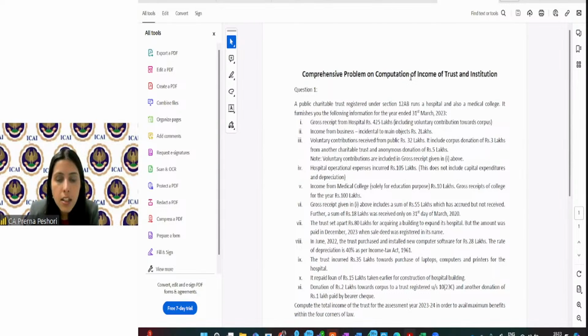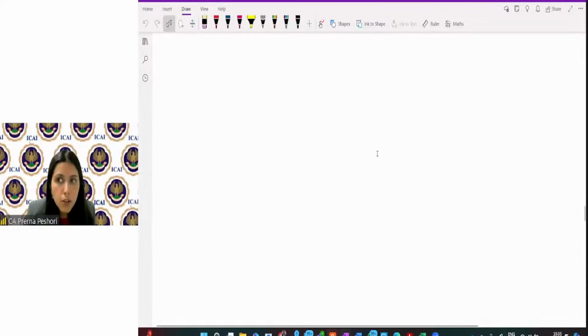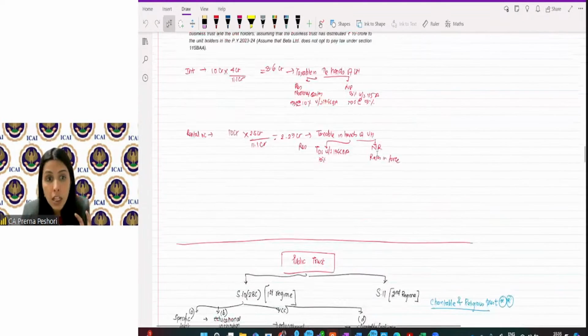Okay. So students, what did I tell you? Only if the object is the advancement of any other object of general public utility, only then you see the criteria of 20%, isn't it? Even in the last class we had the discussion around this particular point. When we started with the charitable trust, the meaning of charitable purpose as defined under section 2(15), what does it say?